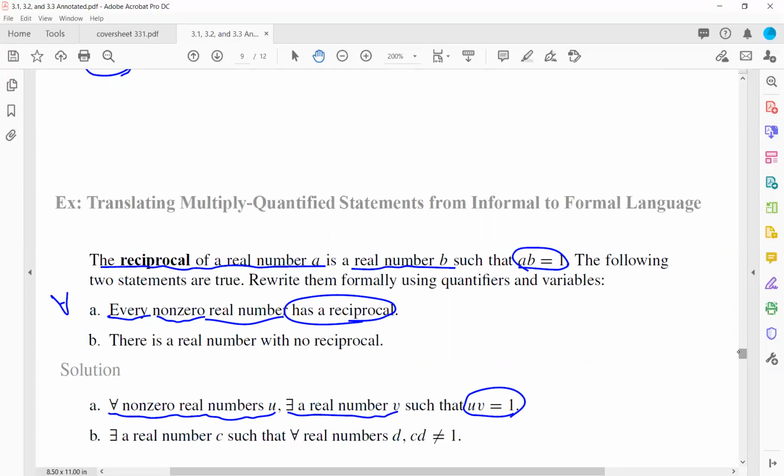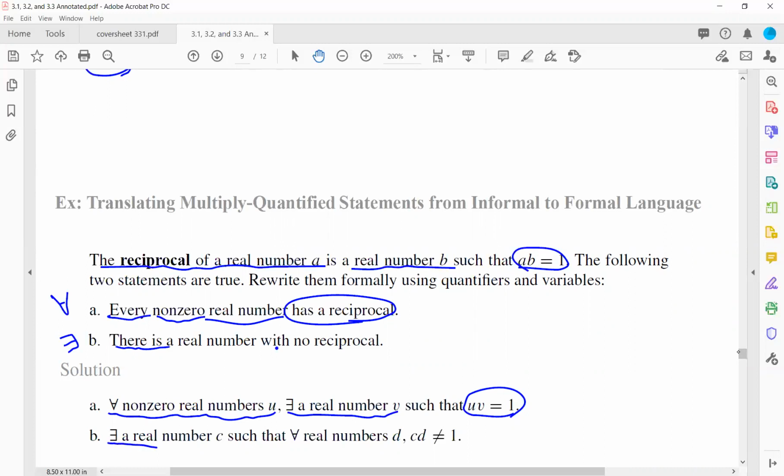The second one: there is, existential, a real number that has no reciprocal. There is a real number such that if you take any other random real number, their product is never 1.